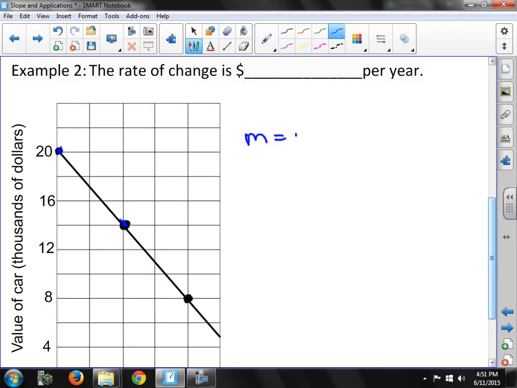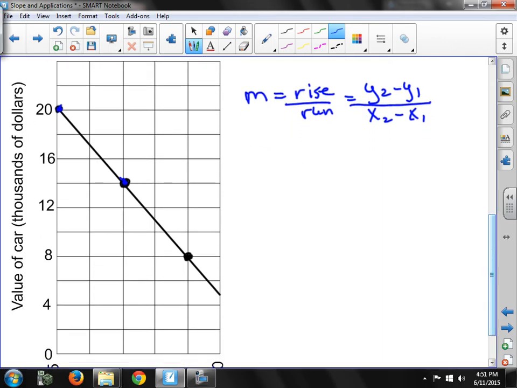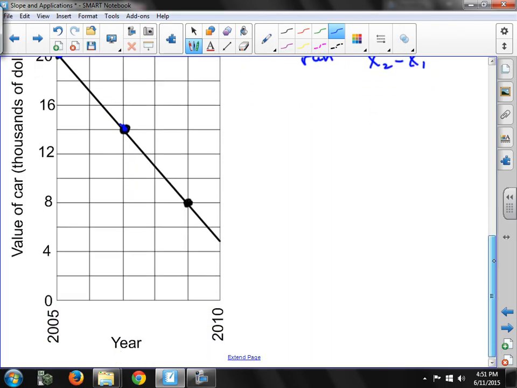So slope is rise over run, or if we use our formula, y2 minus y1 over x2 minus x1. It might be easier to use our formula on this. So let's figure out the coordinates of our 2 points.